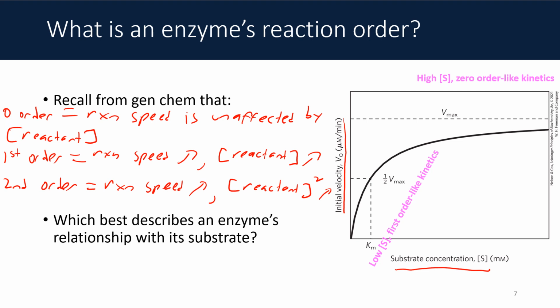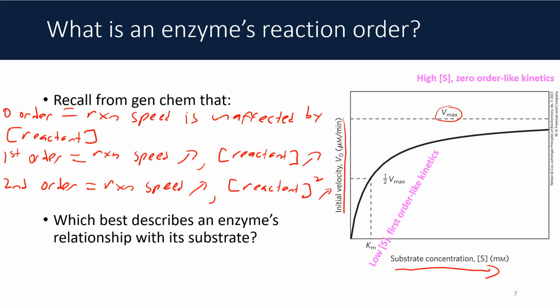The increase isn't exactly linear though. As we keep on adding in more and more substrates, that rate of the reaction begins to taper. It will actually approach this so-called speed limit asymptotically called the Vmax.